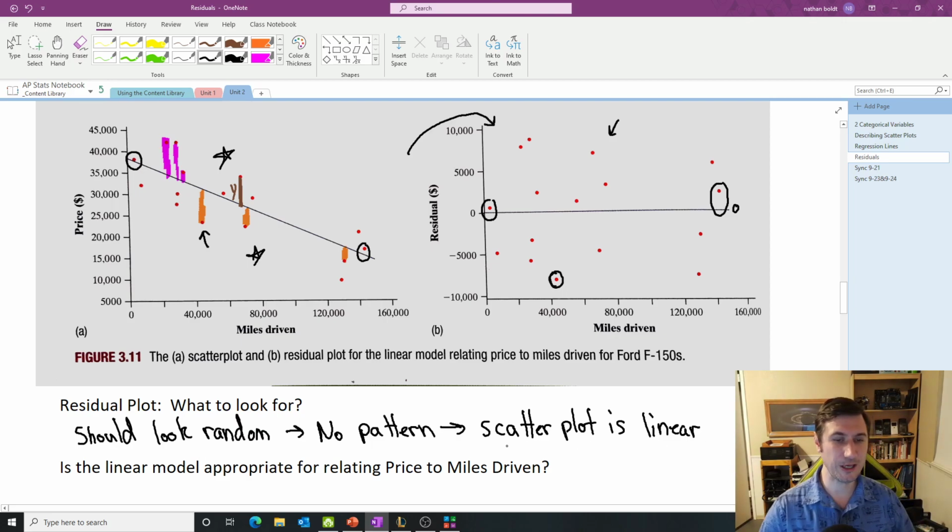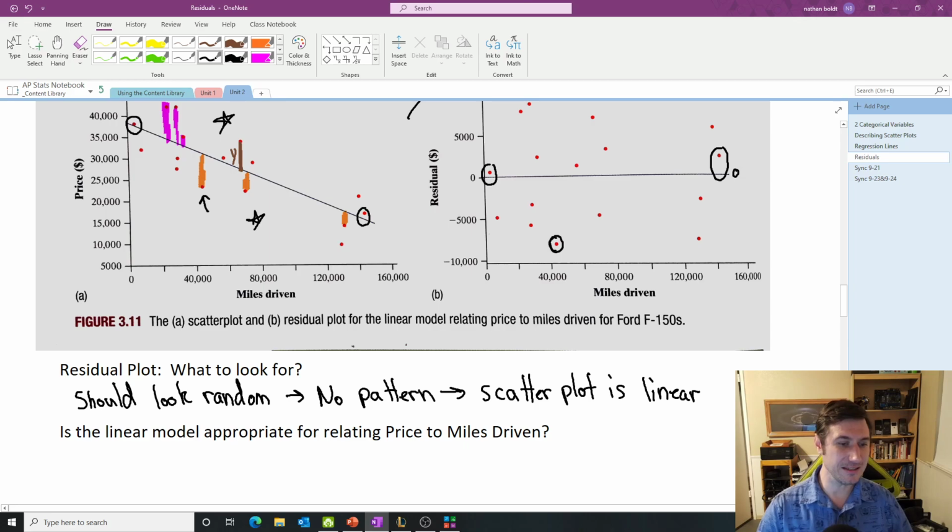So the question this helps us answer is, is the linear model appropriate for relating price to miles driven for our Ford F-150? And so I look at the residual plot and I see that there is no pattern there. Those points look random. I like this linear model.